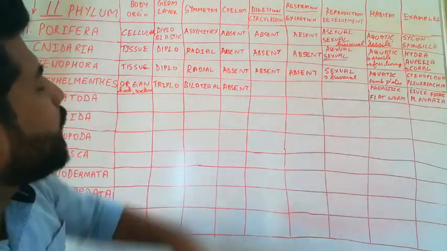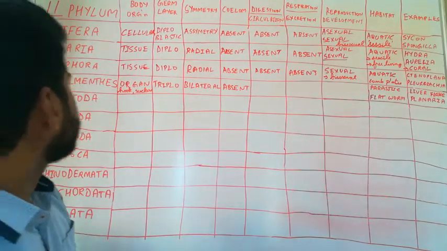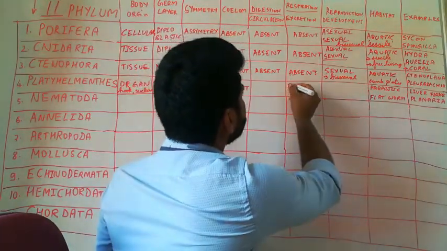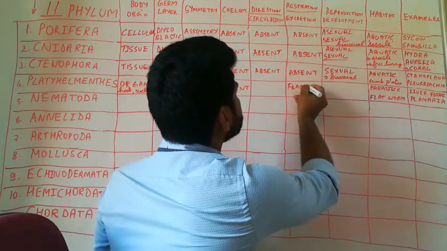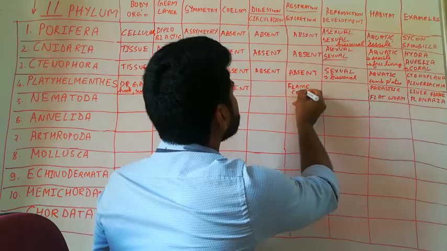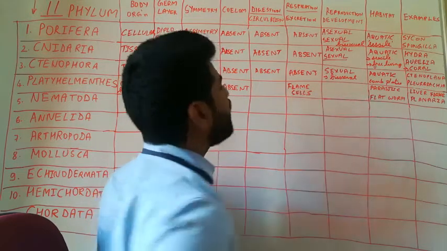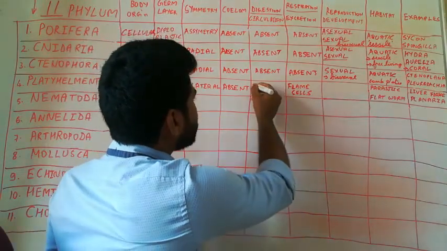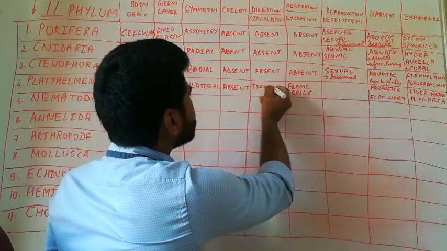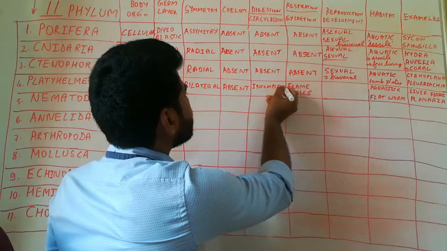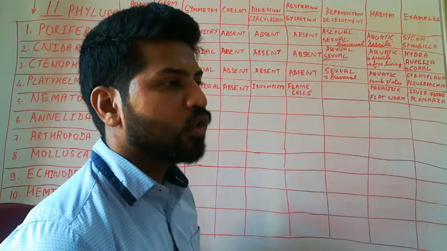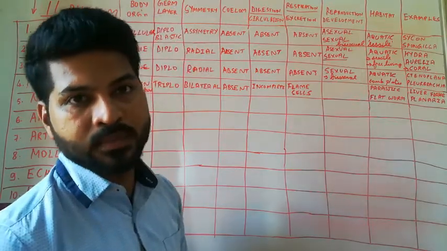The Platyhelminthes have flame cells which help in excretion of waste materials. Digestion is incomplete. That is, the alimentary canal does not have 2 separate openings.